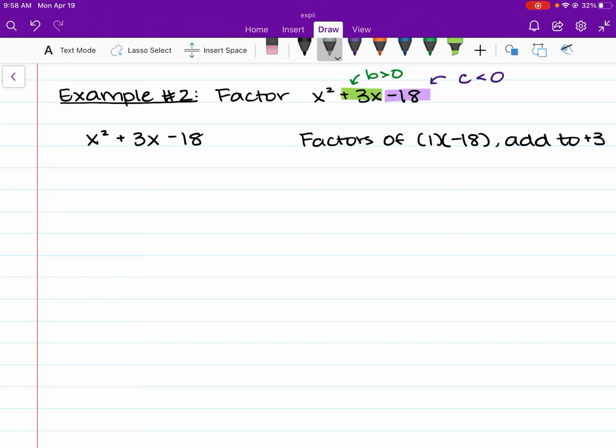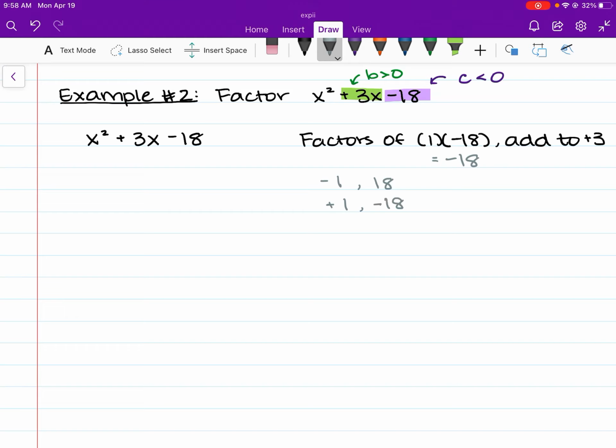So we know that positive 1 times negative 18 is negative 18. So what are your factors of negative 18? We'll have negative 1 and 18. We'll have positive 1 and negative 18.